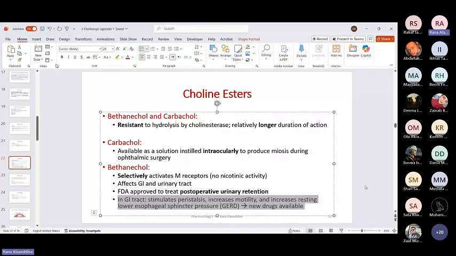The person cannot urinate, and this happens after surgeries. This is a case where I can use this drug to help the patient urinate. And I can also give it to patients when they have a small problem in their intestines and in their stomach. Okay, and now we have other drugs. So we don't use this drug mainly, but those drugs are good for this.